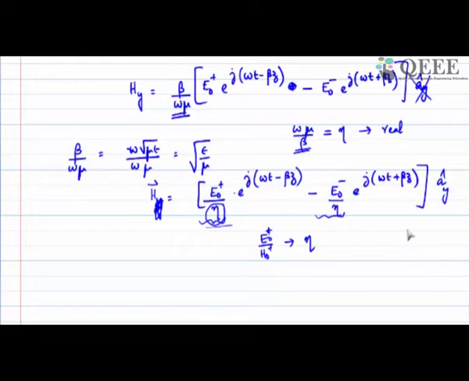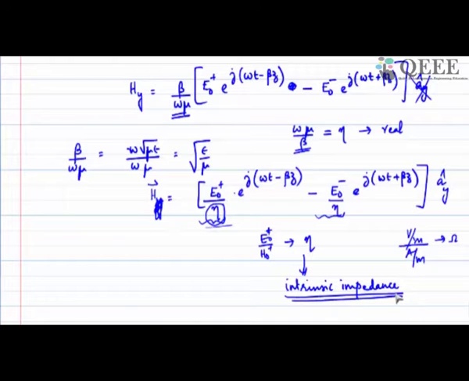Now if I take E, its unit is volt per meter, H unit is ampere per meter. So E by H is of the unit impedance. So you call this number the intrinsic impedance of the medium.